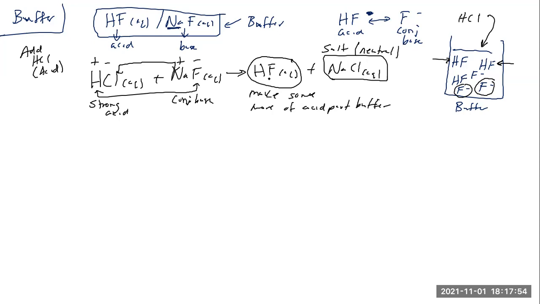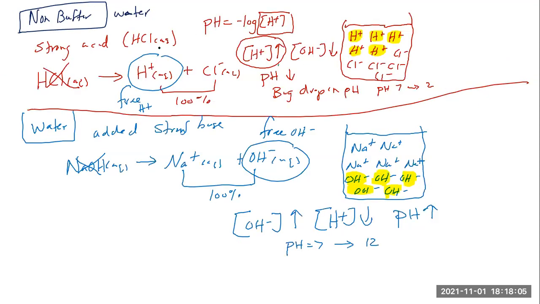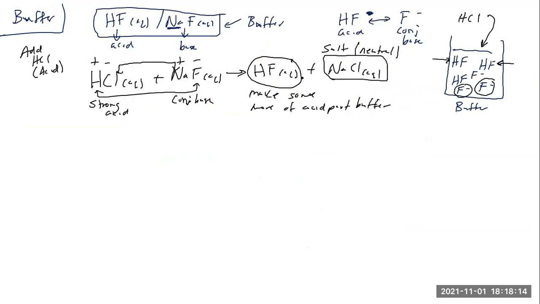But it's actually what we do not see on the right-hand side here that we did see in the previous one. So if we go back and we take a look, when we added HCl to water, we produced a bunch of H pluses. In this particular case, absolutely no free H pluses were formed. And that means that we did not create any more H plus in that solution than we had to begin with.